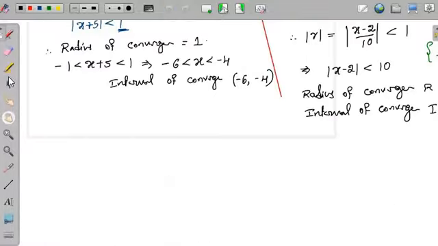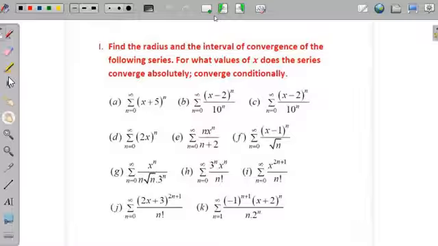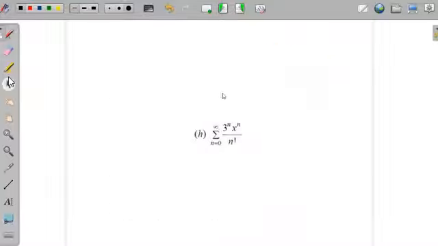And similarly you have many problems here. I wanted to try one more problem for which the interval of convergence is not finite. So I'll try this problem. Here, since you have a factorial, the ratio test would be better.